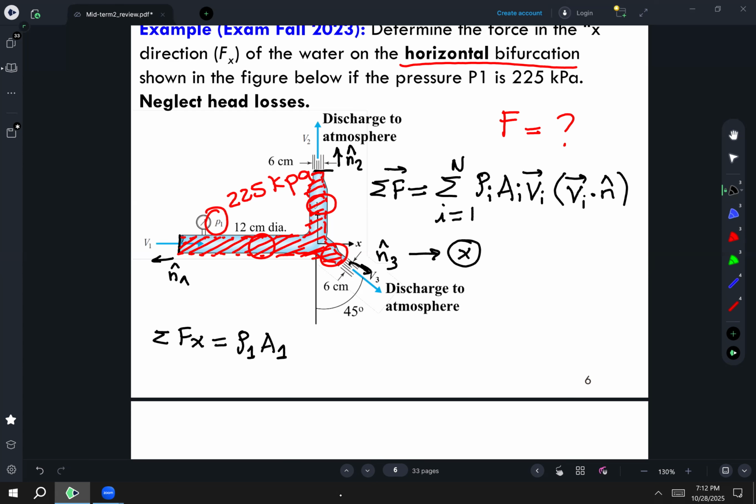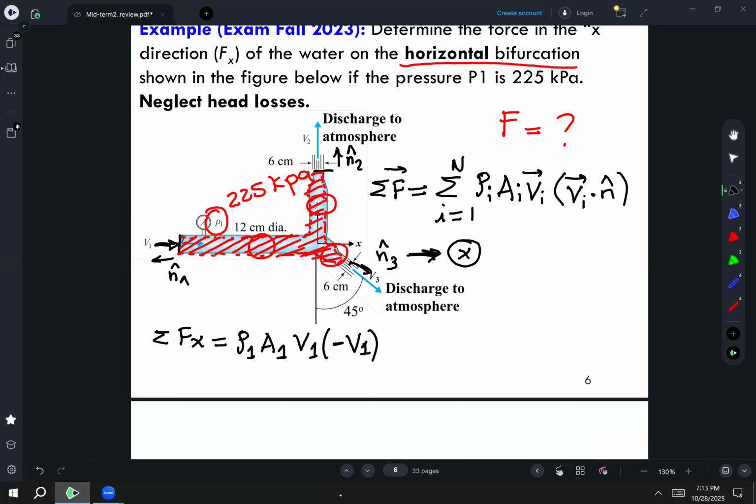The velocity 1 is going to be velocity 1 positive because the x direction is to the right. And then we have the product of velocity 1 times the unitary vector. So velocity 1 is pointing to the right and n is pointing to the left. Therefore the product is going to be negative because the angle is 180 degrees. Okay, so this is going to be minus V1.